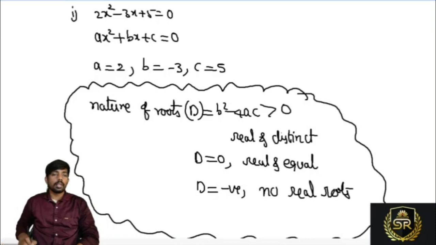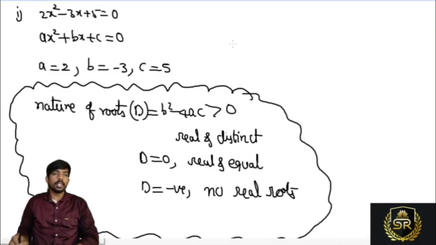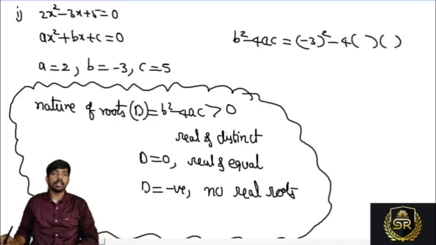From the given data, first find b square minus 4ac. That is minus 3 whole square minus 4ac, where a is 2 and c is 5. So 3 3s are 9, minus 4 5s are 20, 2 20s are 40.